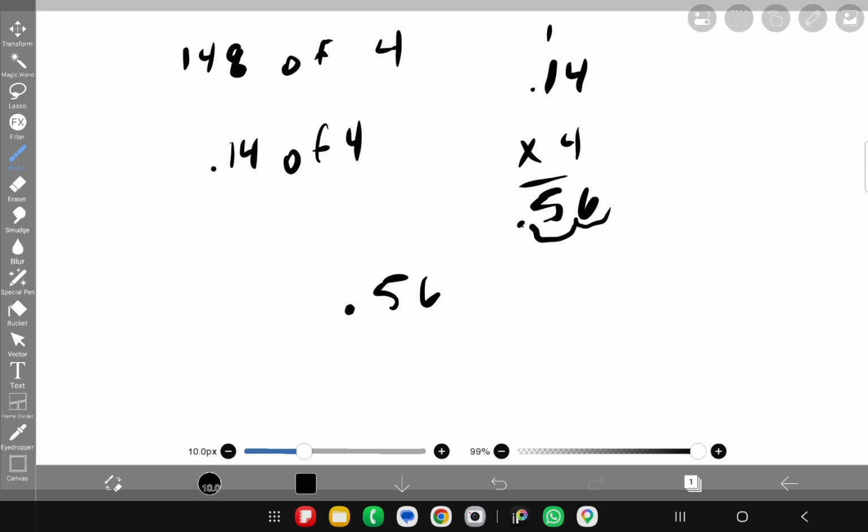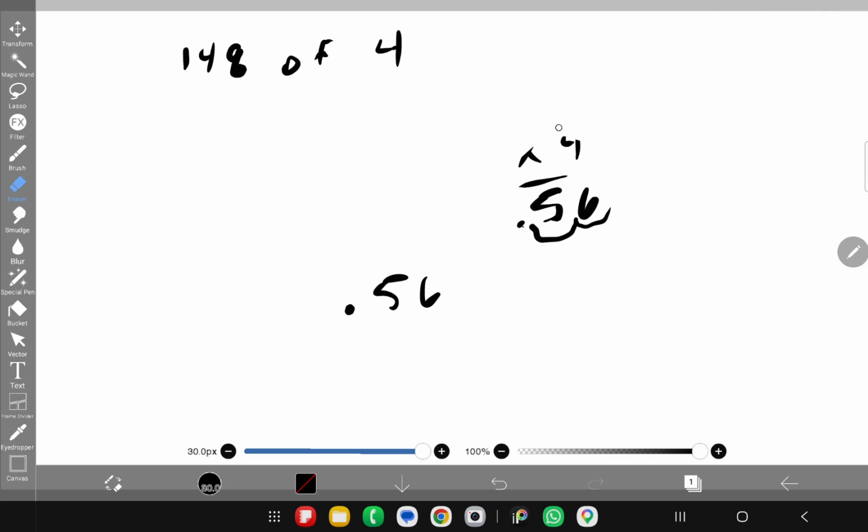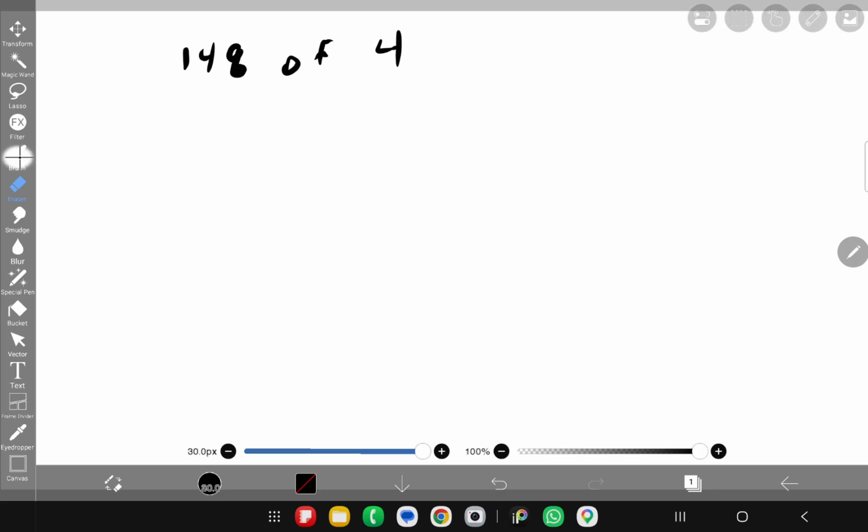Now we're going to do the other version of this, which is putting the 14 over 100. 14 over 100 is the same thing as saying 14%. We multiply by 4 over 1.